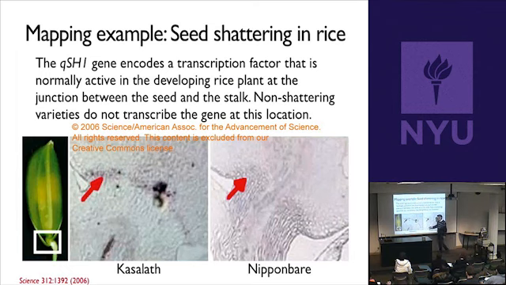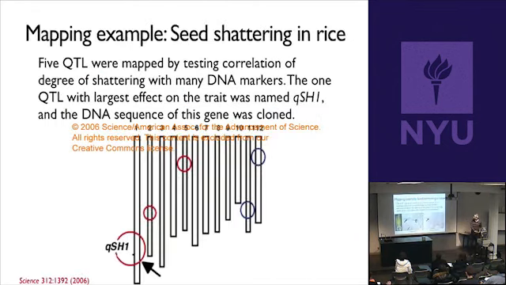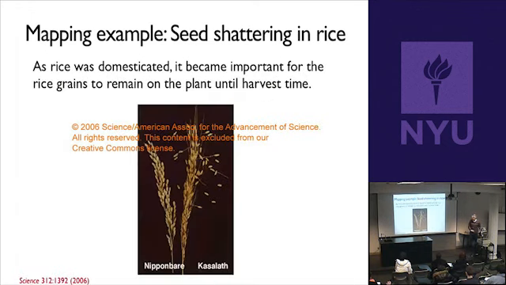And what you can see here is for this Cazalat strain, the gene is active in this sort of arc that's right at the boundary between the kernel itself and the stalk, and that activity is missing in this Nippon-bare strain. Okay, and if you remember from this picture, it's Nippon-bare that holds on to its seeds and Cazalat that doesn't.